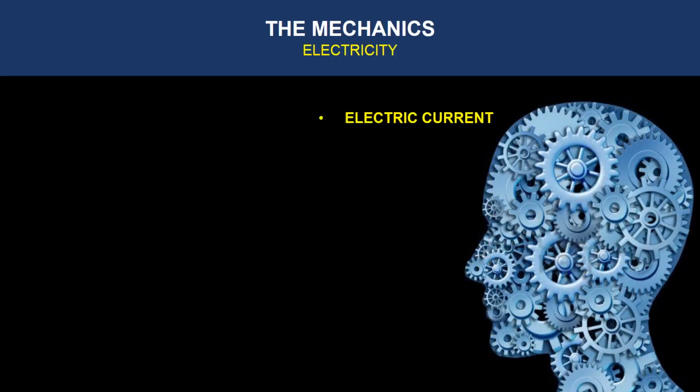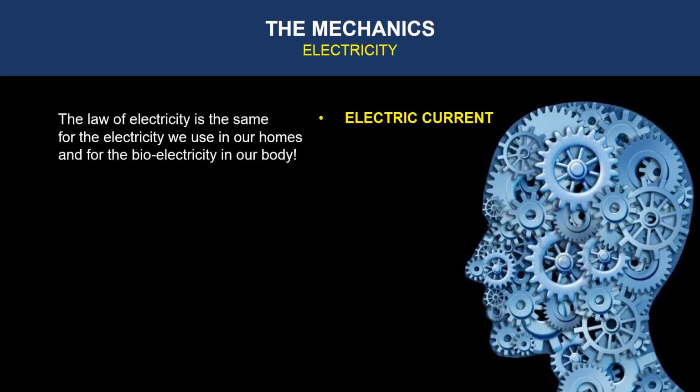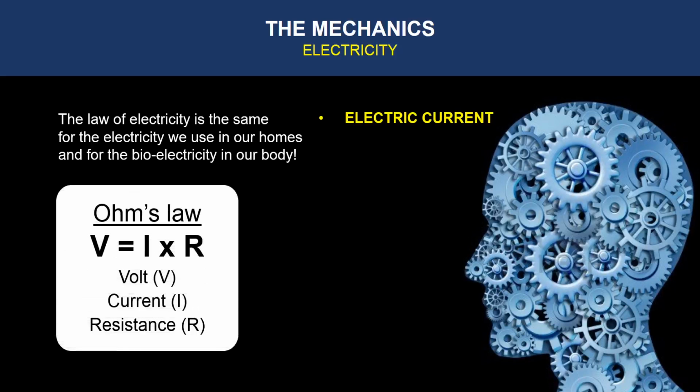And one of the interesting things between the two electricities is that the law of electricity is the same for the electricity we use in our homes and for the bioelectricity in our body, which is Ohm's law. Some of you, like me, may not find the formula very friendly, but we only have to focus on the components: the voltage, current, and resistance.